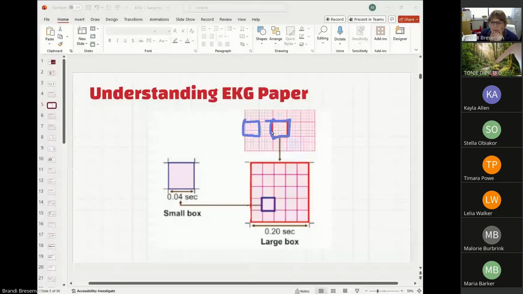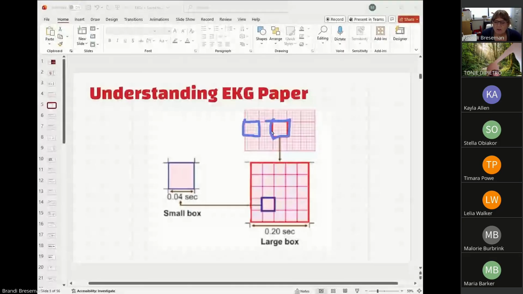Inside each big block are these little blocks. Each little block is 0.04 seconds. Each big box is 0.2 seconds. Okay.